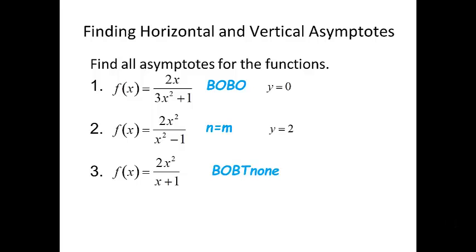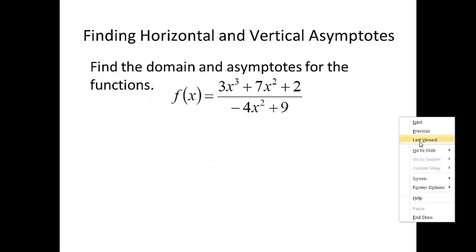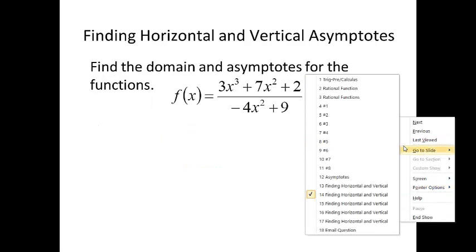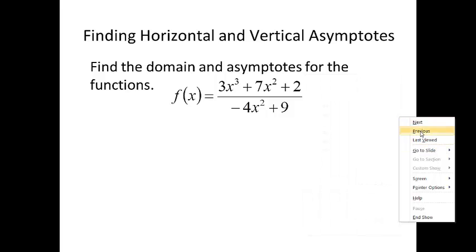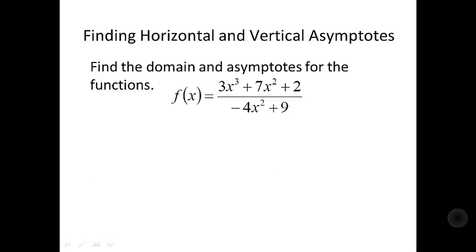And this one is bigger on the top, so there's none. I'll let you look at that for a second. Let me go back. Okay. So when it's bigger on top, there is none. When it's bigger on the bottom, y is equal to 0. And when they're the same, then it's just a ratio of a over b.